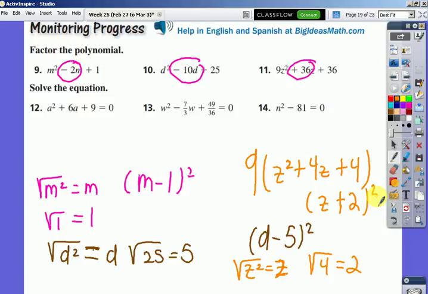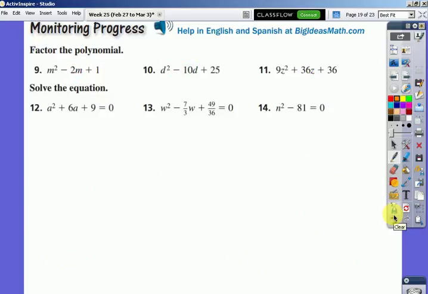Okay. Now I just have a few extra steps on 12, 13. Okay, number 12. Do I notice perfect squares? Yeah. 1 and 9.